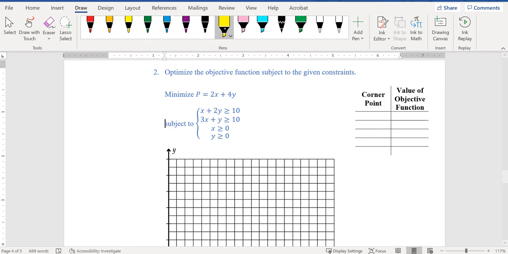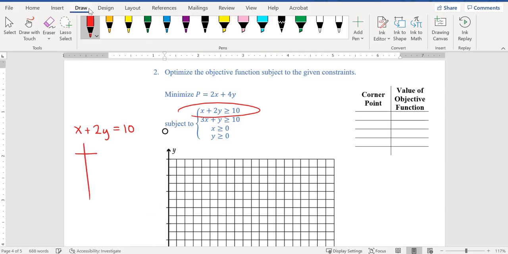All right, let's go graph the boundary line for x plus 2y greater than or equal to 10. The corresponding equation is x plus 2y equals 10. If y is 0, x is 10. If x is 0, 2y equals 10, so y is 5.